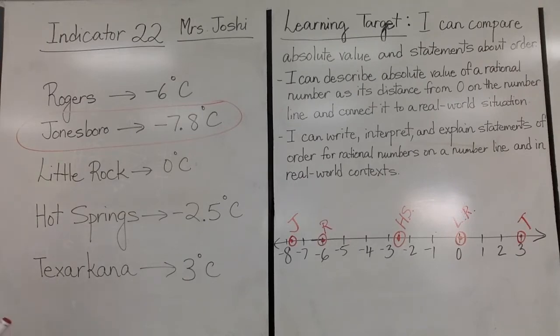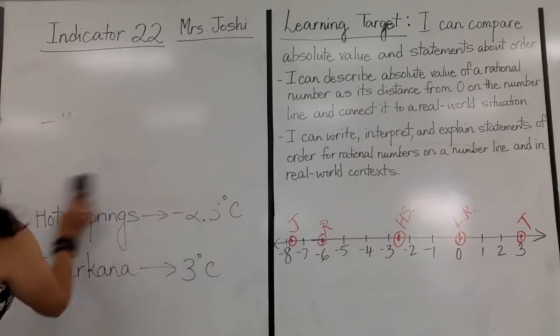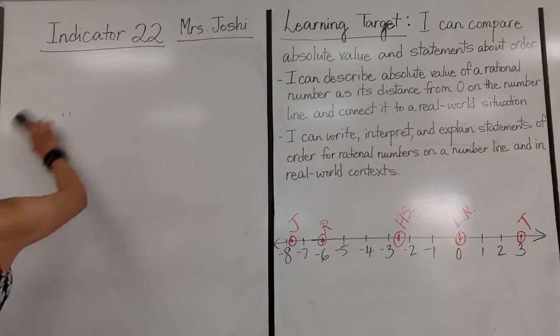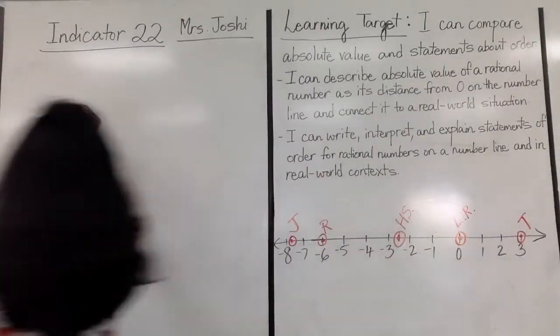All right, I'm going to show you one last example, and it's asking which one is the least. Okay, so which one is the least is the question. That means the smallest.